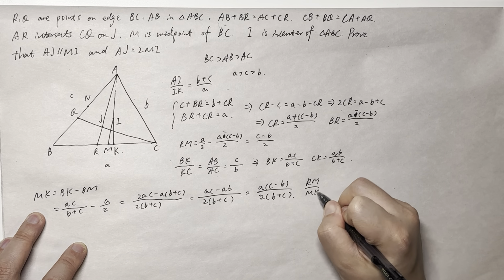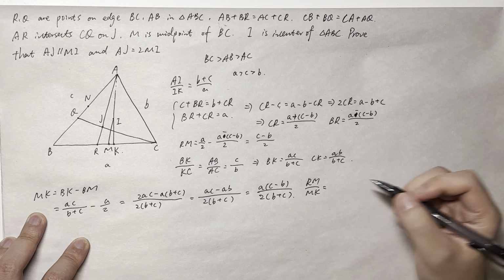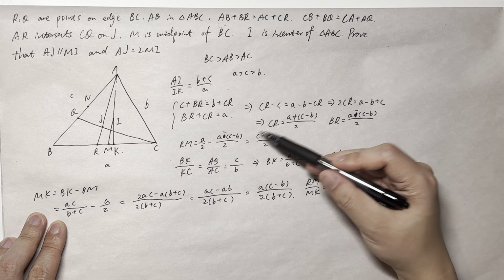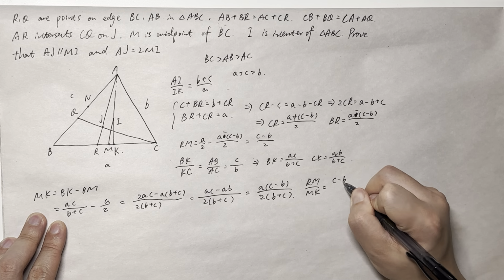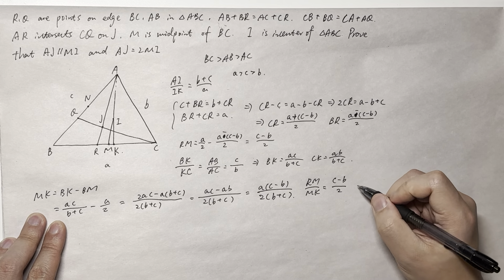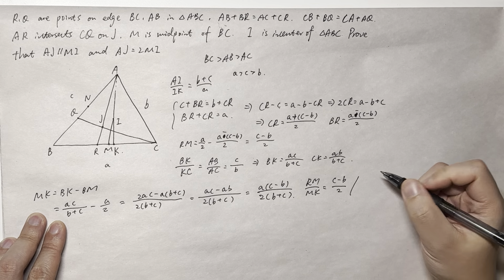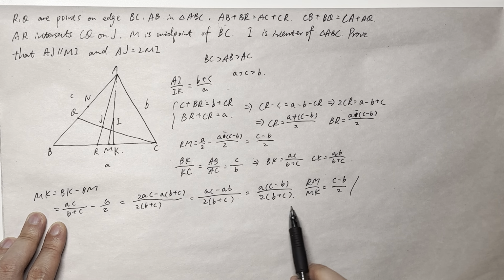Okay, now RM to MK equals... where is RM? RM is here, so C minus B divided by 2 and 2 MK, right?